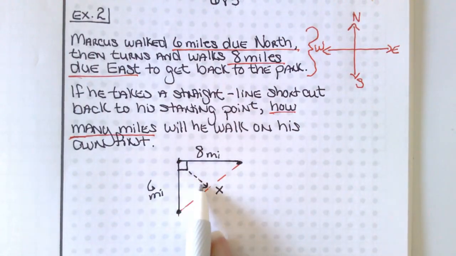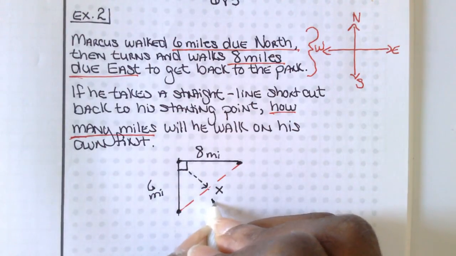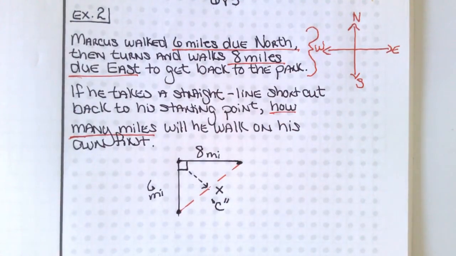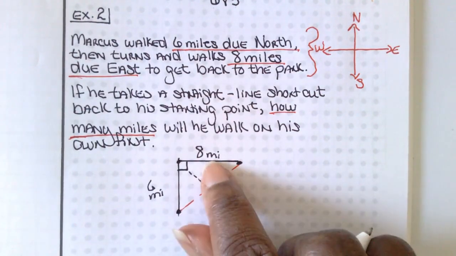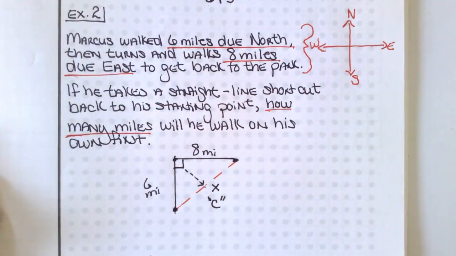Anything that's directly opposite your 90-degree angle is going to be your hypotenuse, aka this is your C. So what was given to us was the two legs. Alright? So, yes, Pythagorean Theorem.